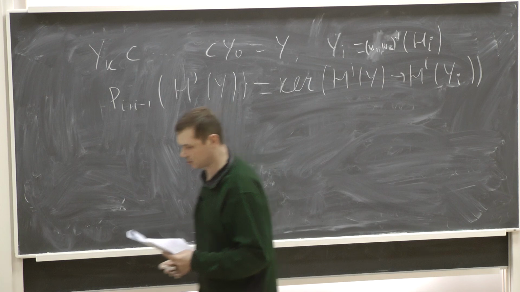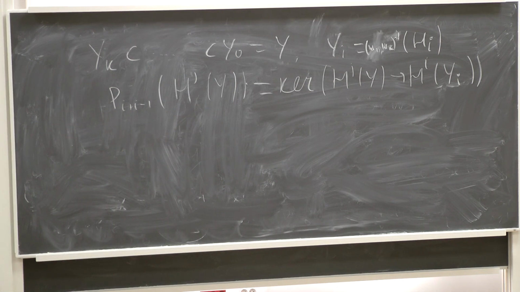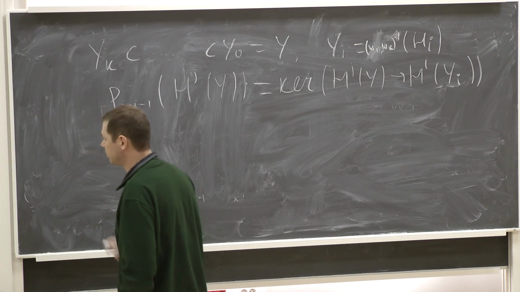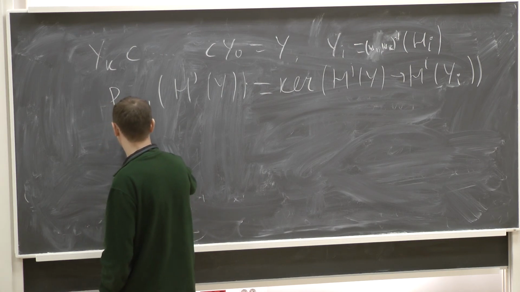So we have a filtration on cohomology given by these kernels, and the P equals W conjecture.